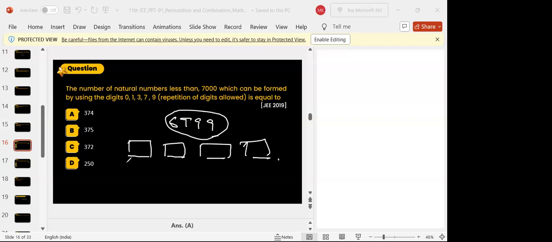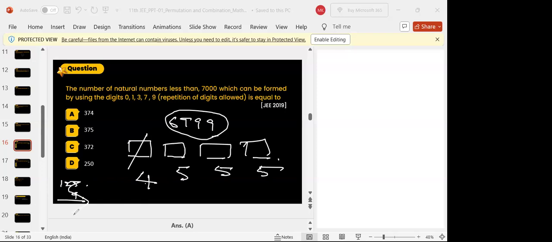Four boxes. This cannot take the value 0. So 4. Next 5, 5, 5. Repetition is allowed. Correct.